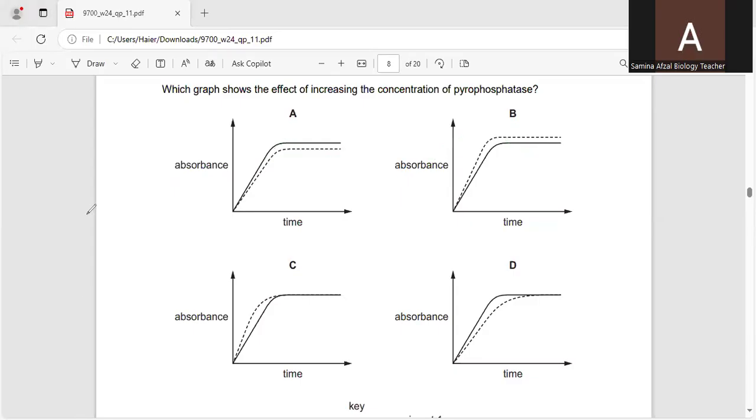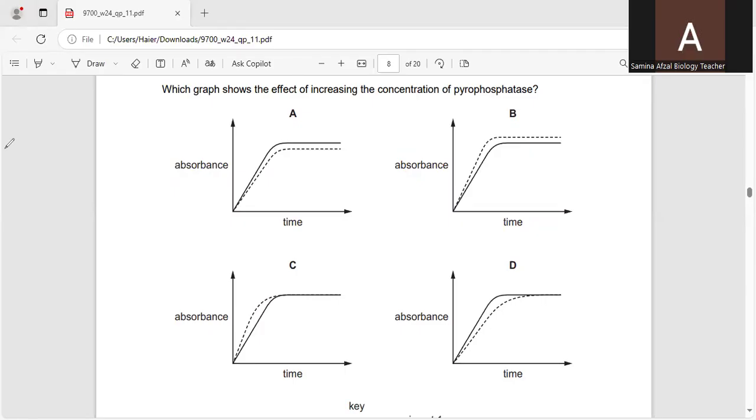As an example, if there is an increase in the active sites, more substrate molecules will bind with the active sites of the enzymes, because more active sites will be available. So the reaction will start very fast, but it will stop very early, because there are many active sites.